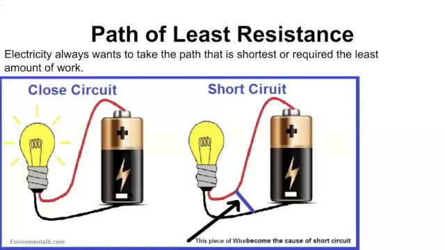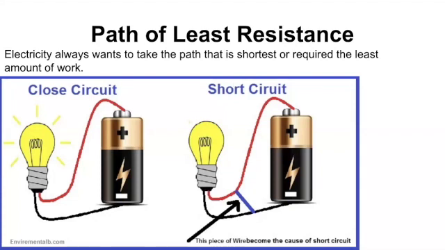Now, I said that electricity wants to take the shortest path, but that is not completely true. Electricity wants to take the shortest path and also the easiest path, as in the path that requires the least amount of work.